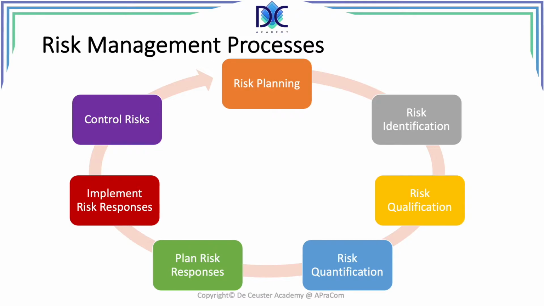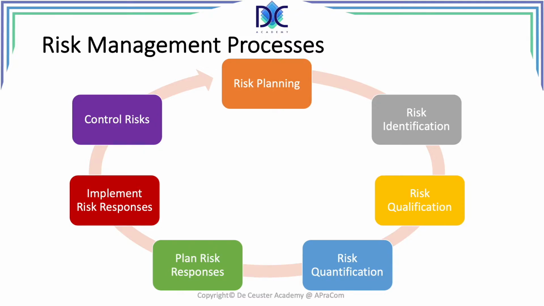So first of all, we have risk planning. Risk planning is where I create the risk management plan. The second step is risk identification. Then we have risk qualification, risk quantification. Then we plan the risk responses, we implement the risk responses, and we control the risks.